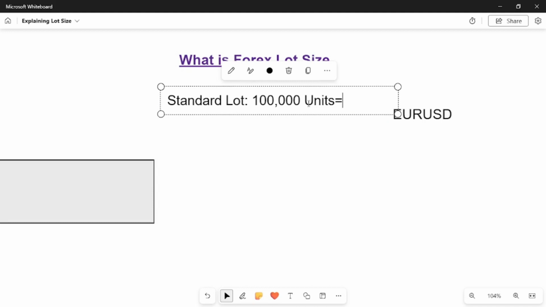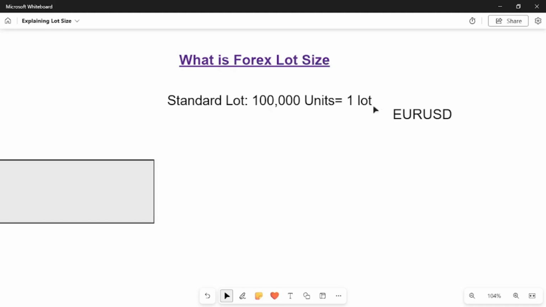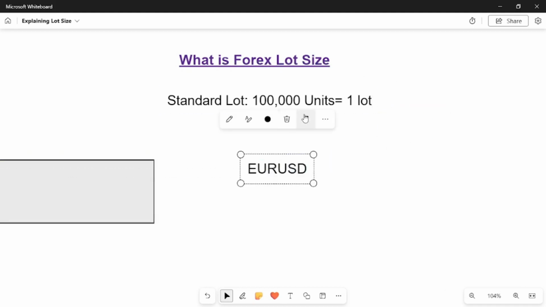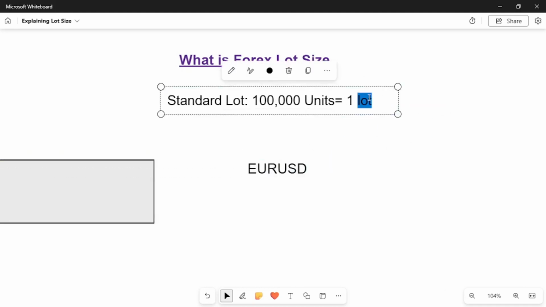Most generally, when you start trading with any trading platform, your system is automatically set to 100,000 units of a particular currency, and 100,000 units of a particular currency is known as the standard lot, often referred to as one lot. So one lot is equal to the standard trading unit of any currency pair. For example, if you are trading EUR/USD using a one lot size, meaning if you buy this pair, you are directly buying 100,000 units of that particular currency in the market.